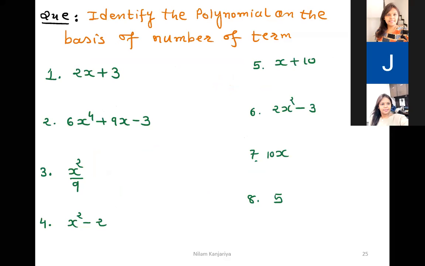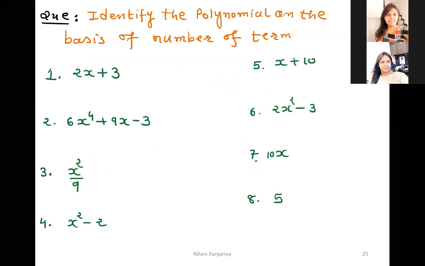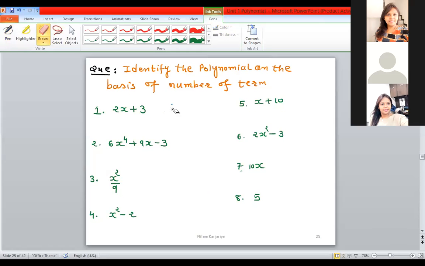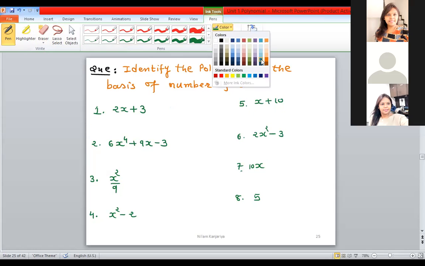The first polynomial is binomial. Okay. Second is trinomial, right? Third is monomial, yes, good.